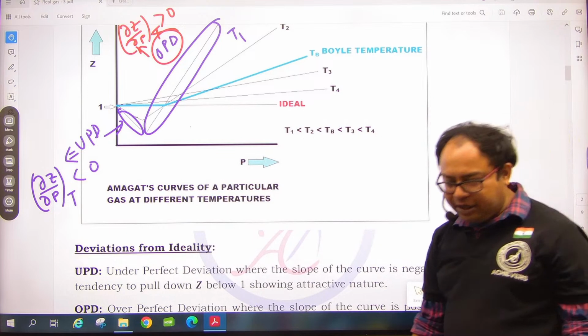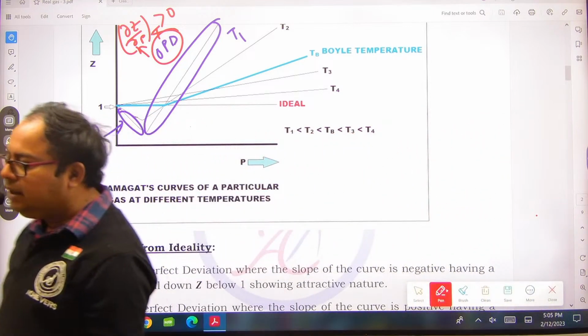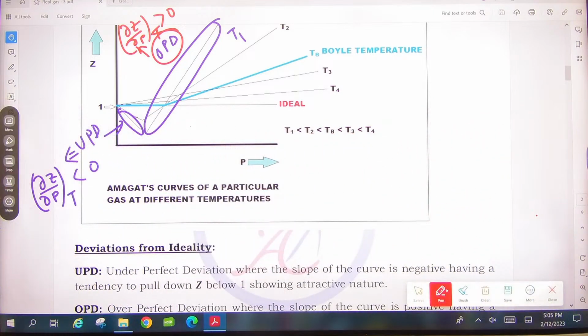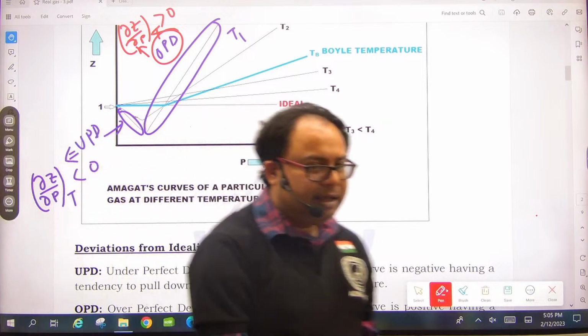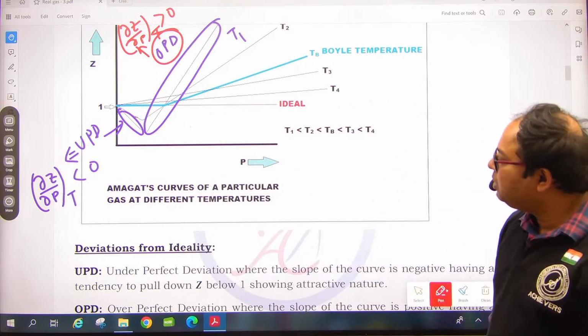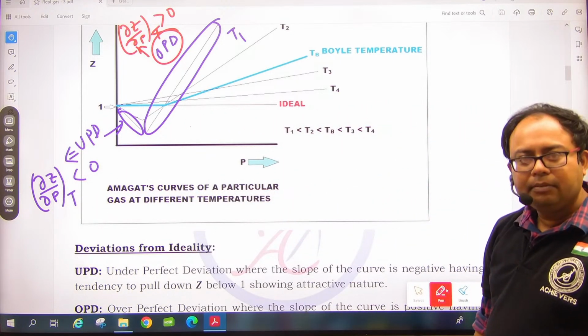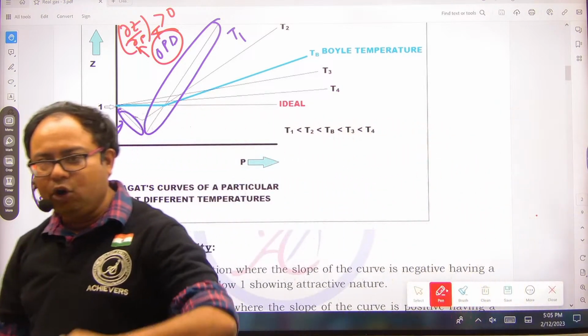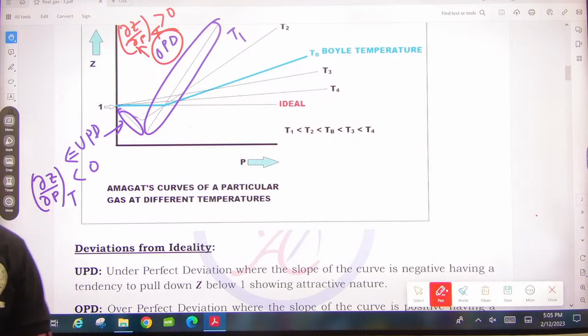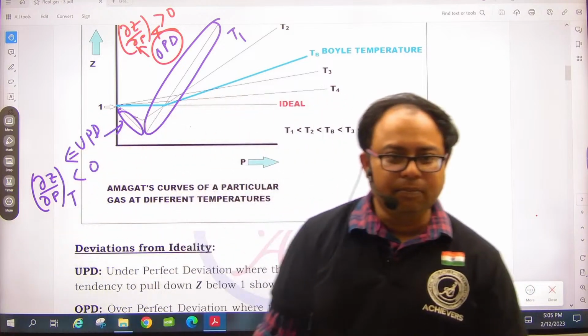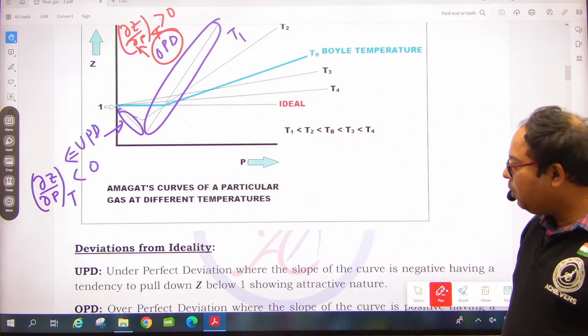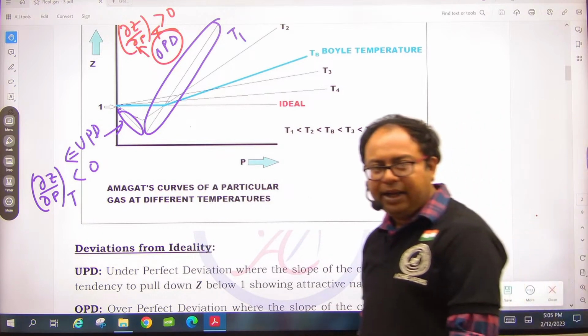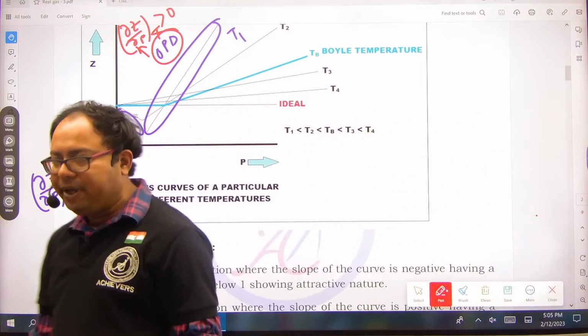So you have under perfect deviation if the slope is negative, and over perfect deviation if the slope is positive. So downward movement is UPD and upward movement is OPD.